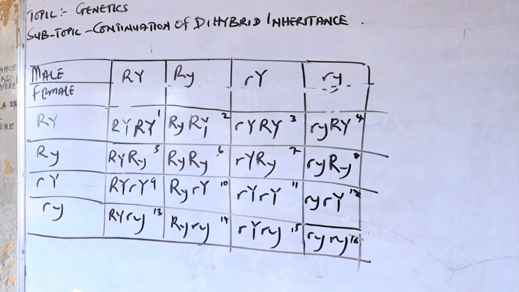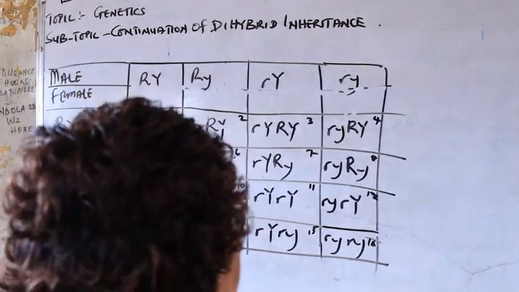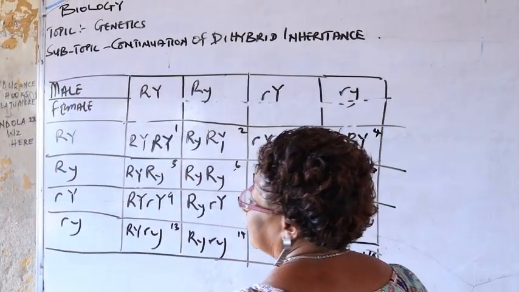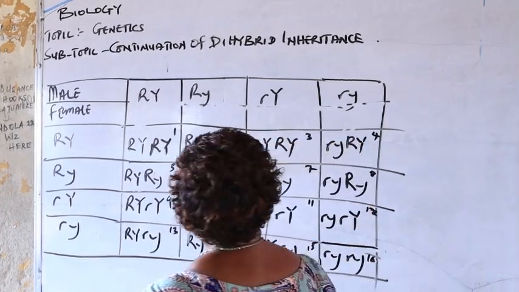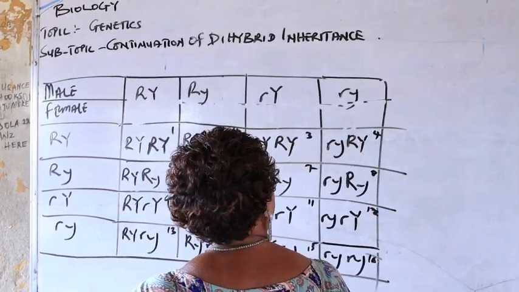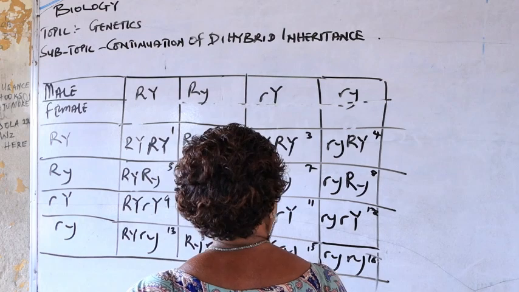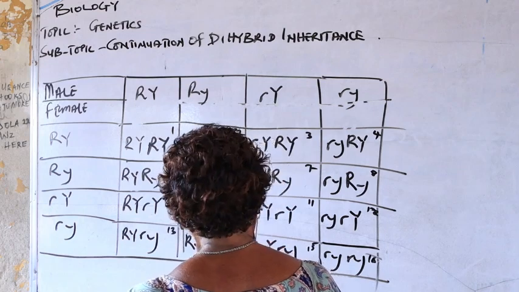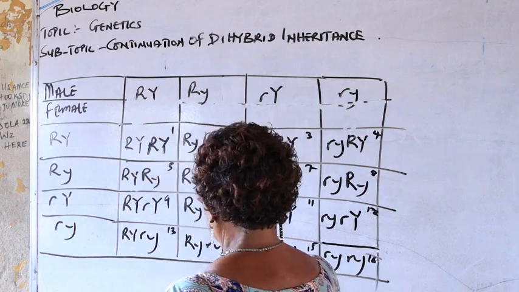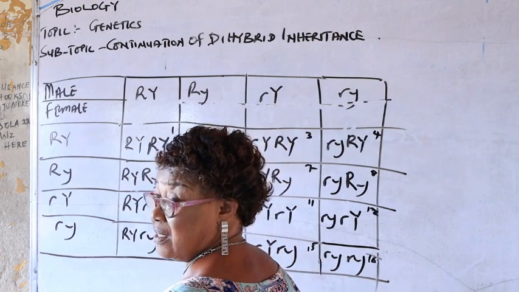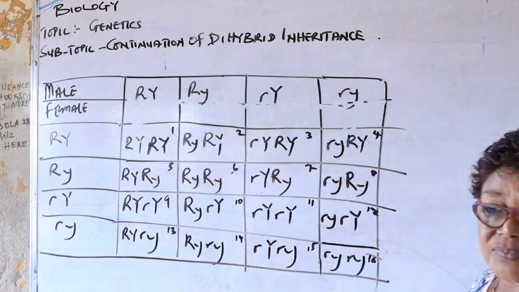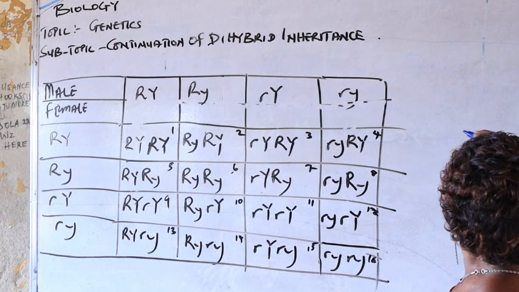9. Which ones? 1, 2, 3, 4, 5, 7, 8, 9, 10, and 13. And that is for what? Round. Okay.